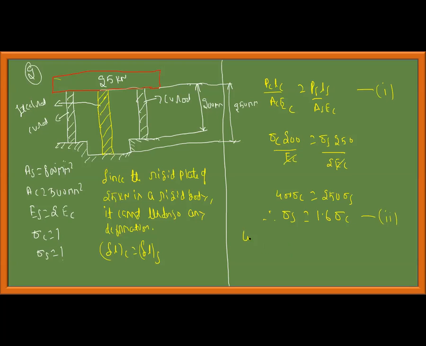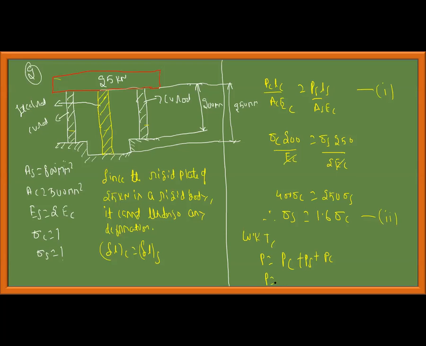We know that load is shared in the composite section. Total load P is equal to load on steel plus load on copper. So this rod shares some load, this rod shares some load, this rod shares some load. Total load is equal to summation of all the load shared by each rod.